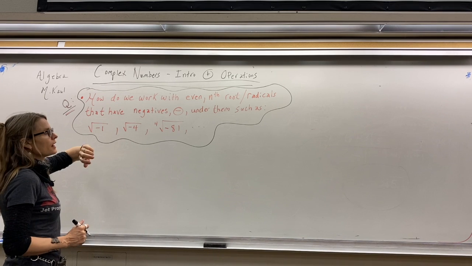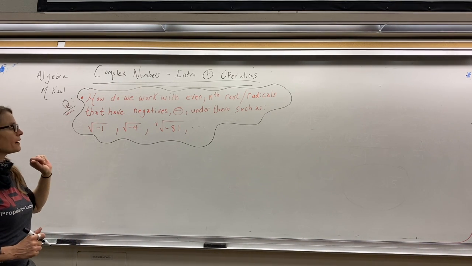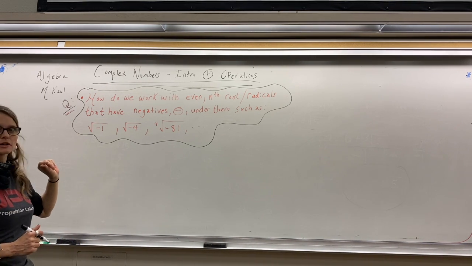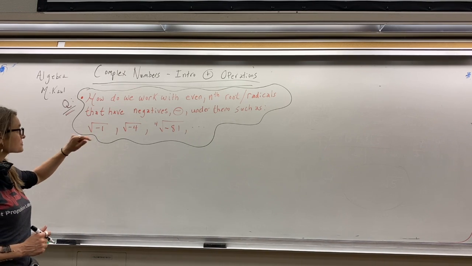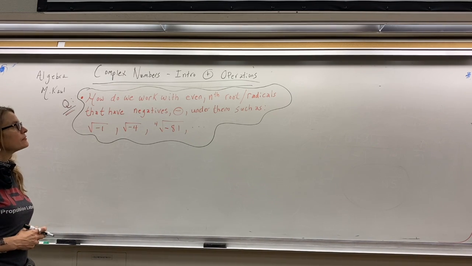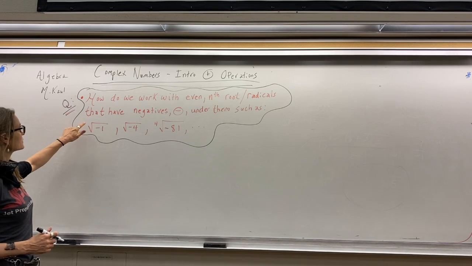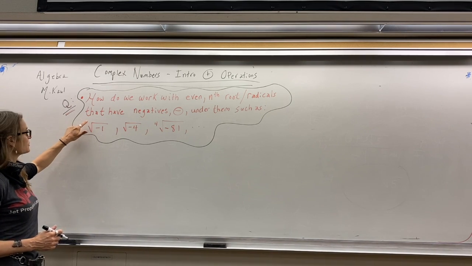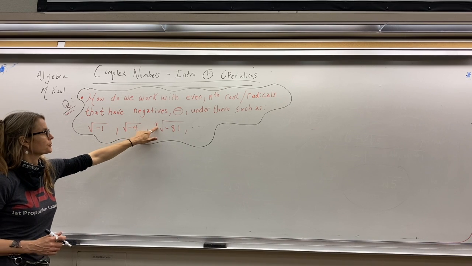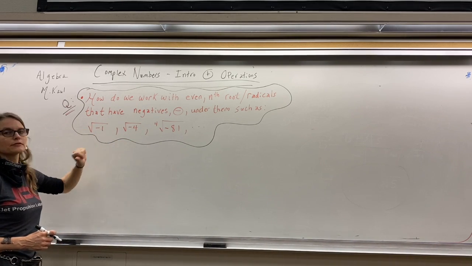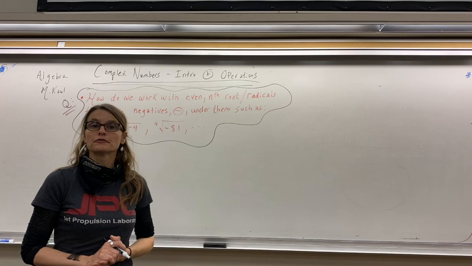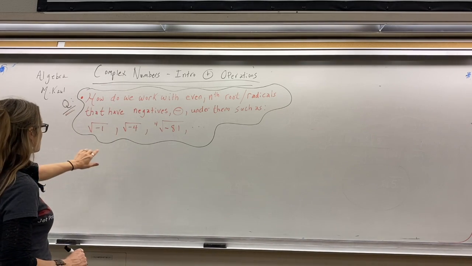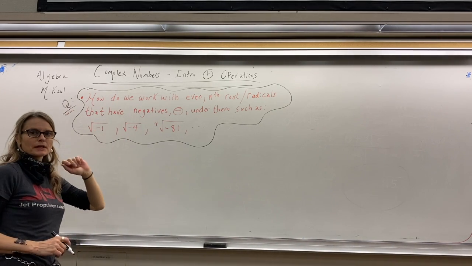First off, we want to think about the challenge that we ran across previously. How do we work with even roots or radicals, where the index number is even, such as a square root or a fourth root, when you have a negative value underneath in general? So can we take the square root of -1?